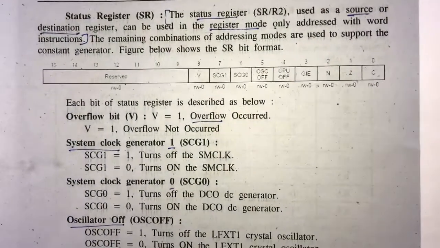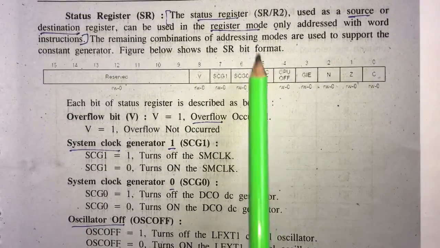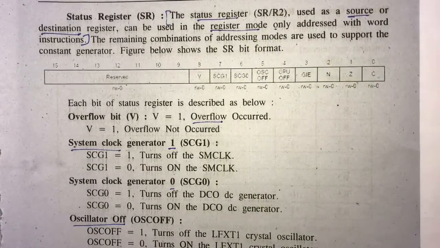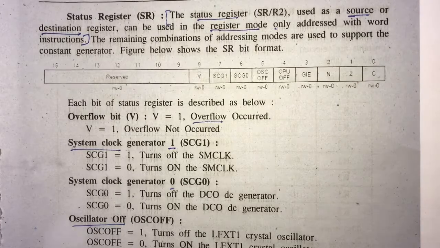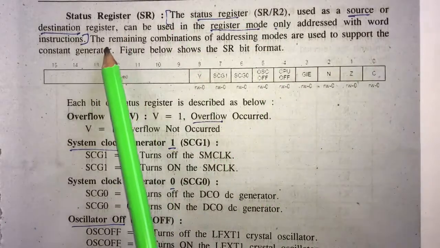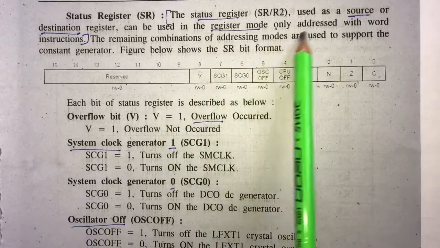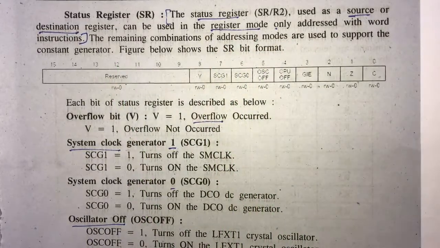And we have one more register called the status register SR. The status register SR, that is R2, is mainly used as a source. So we have R0 as the program counter PC, R1 as the stack pointer, and R2 as the status register, that is SR. It is used for the source or for the destination purpose, and it can be used in register mode only and addressed with word instructions.